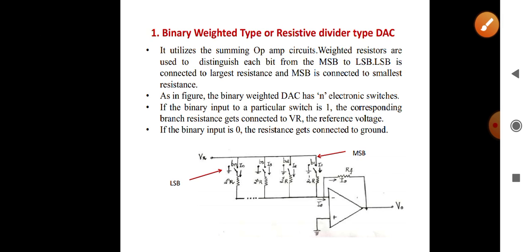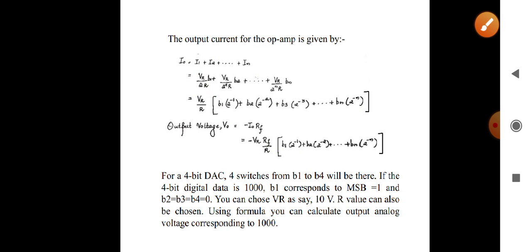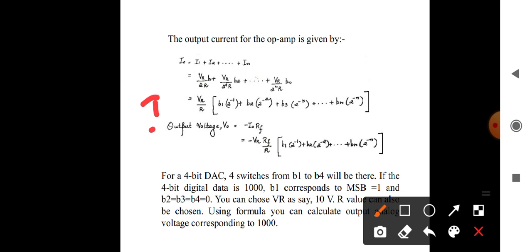I naught we have found out here, that is, I naught will be equal to VR by R into B1 into 2 raised to minus 1 plus B2 into 2 raised to minus 2 plus B3 into 2 raised to minus 3 plus up to Bn into 2 raised to minus n. So this will be your I naught.